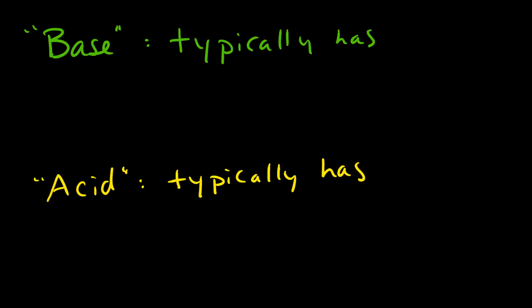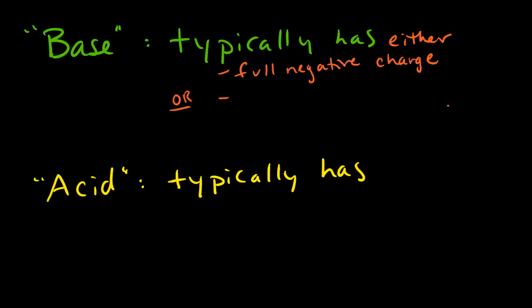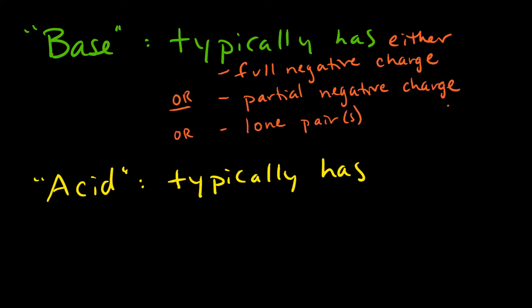And so typically a base has either a full negative charge, or a partial negative charge, or a lone pair, or lone pairs, or pi electrons.